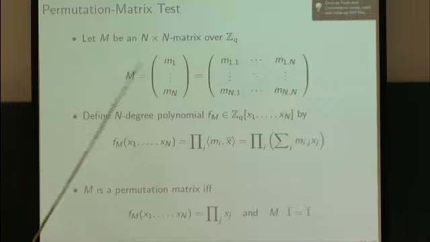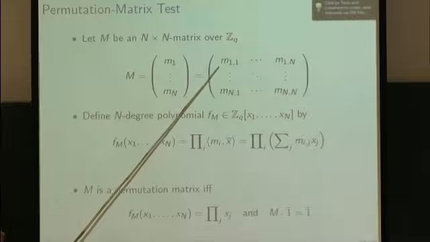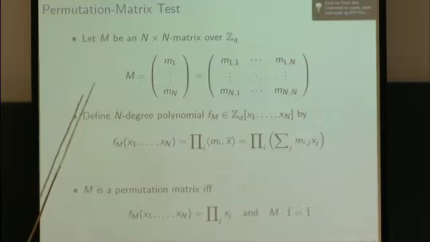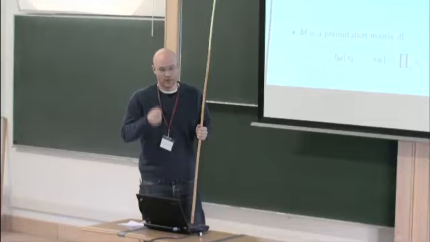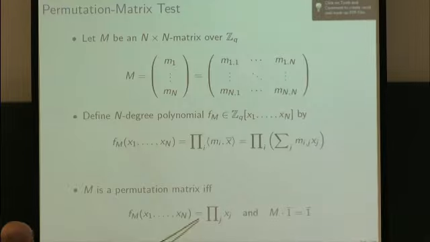The other thing is if you have two non-zero elements in one of the rows, you get something which is a linear expression involving more than one variable. Right? And so this test actually shows that you have a matrix which has exactly one non-zero element in each row and in each column.